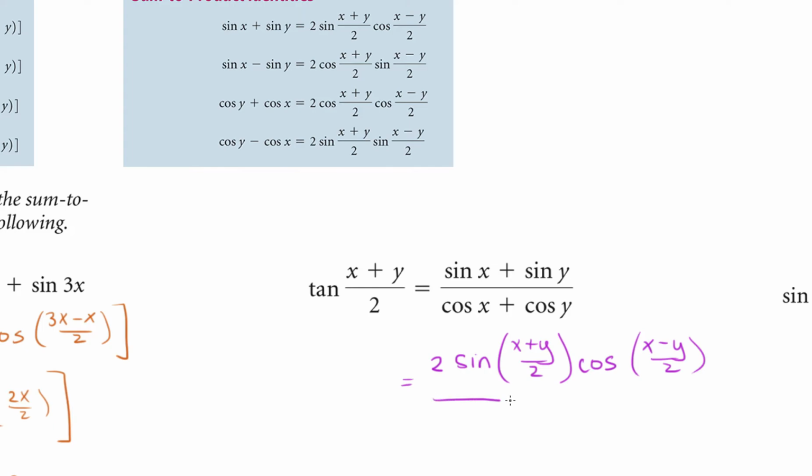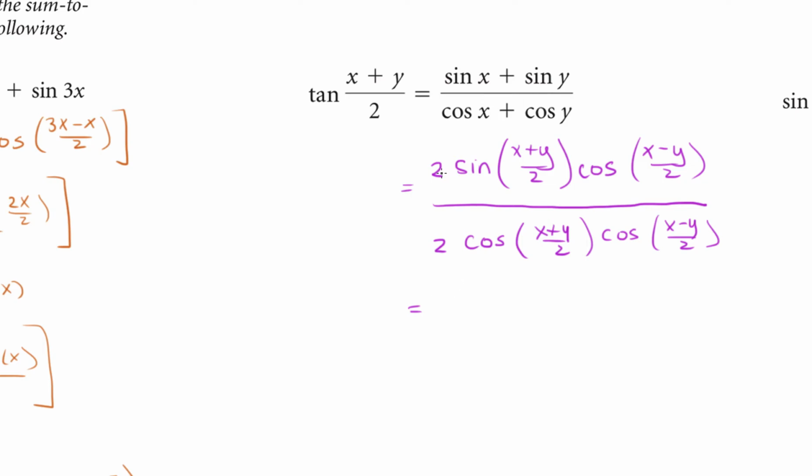That's the numerator. Now the denominator: cosine of y plus cosine of x is the third one, and becomes 2 cosine of (x plus y)/2 cosine of (x minus y)/2.